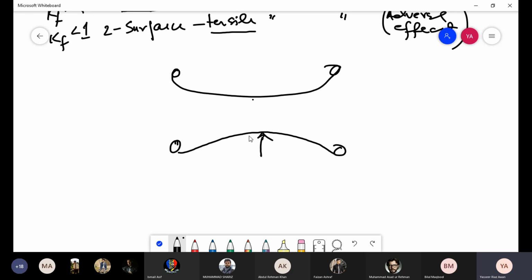Obviously in bending, we know the highest stresses are at the surface. So first the surface will yield and become plastic. So there would be some plastic deformation in the surface, while the core has remained elastic.